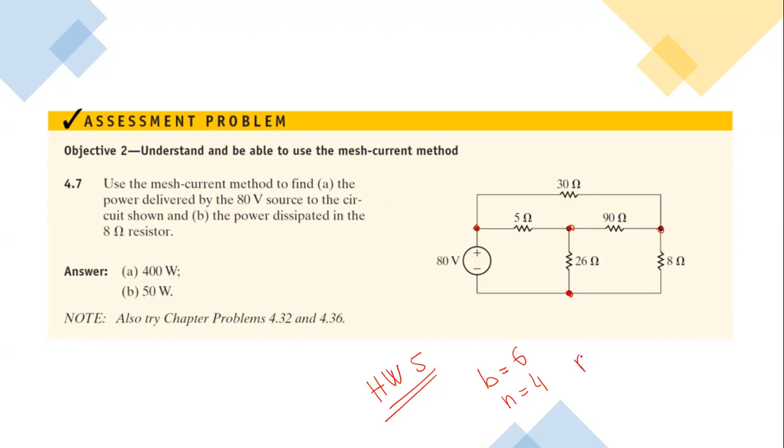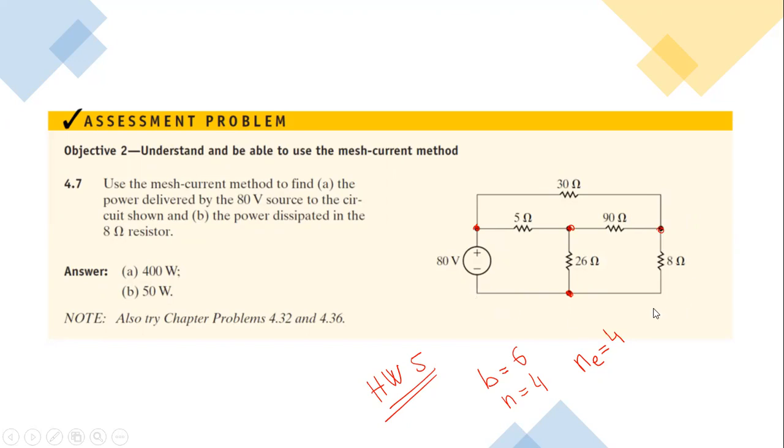How many essential nodes do I have in this circuit? 4, because an essential node is an interconnection between 3 or more elements. So for this, I have 1, 2, 3. For this, I have 1, 2, 3. For this, 1, 2, 3. For this, 1, 2, 3. So all the nodes I have are essential.